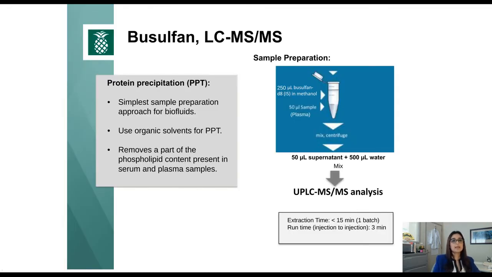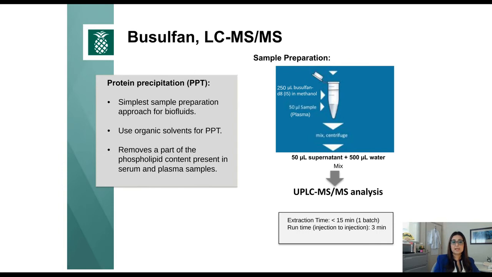We chose a quick and simple protein precipitation procedure, which removes a part of the phospholipid content present in plasma samples and minimizes the analyte recovery issues. Busulfan is extracted from 50 microliters of plasma mixed with the internal standard spiked in methanol.